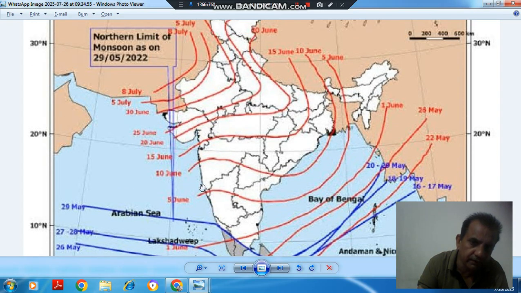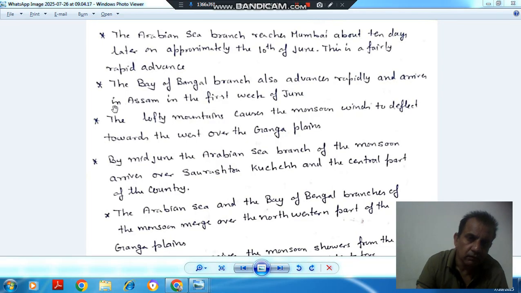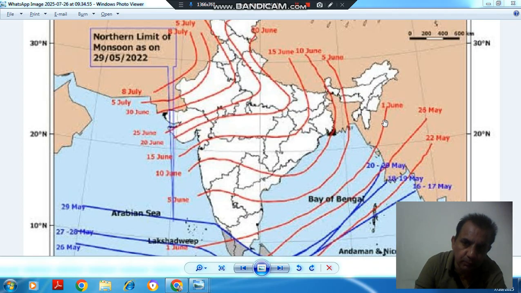So it is fairly rapid advance. The next point is the Bay of Bengal branch also advances rapidly and arrives in Assam in the first week of June. This is on 1st June, this is on 5th June, and in between it is here in Assam.